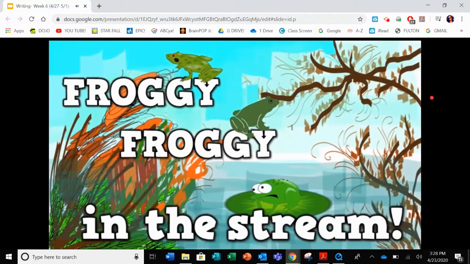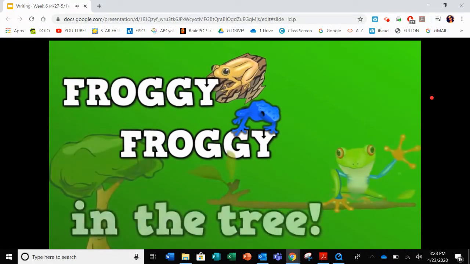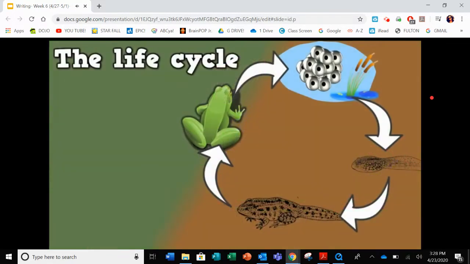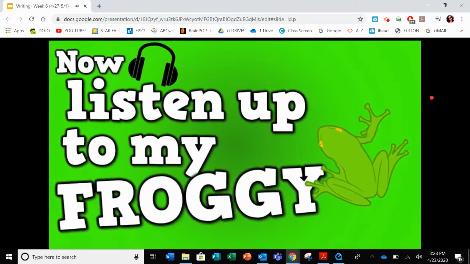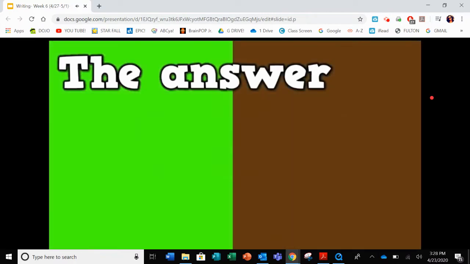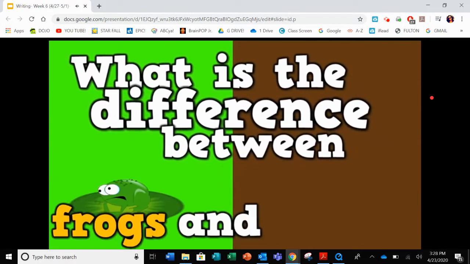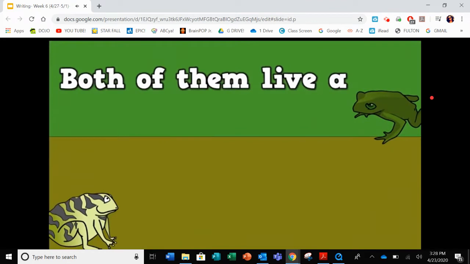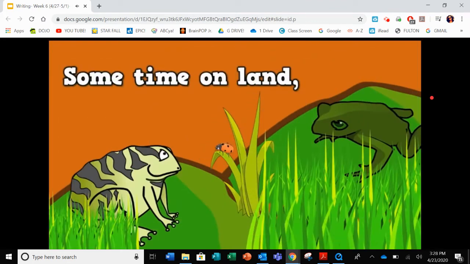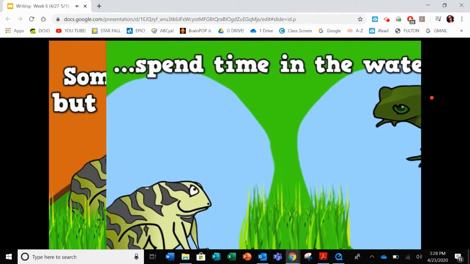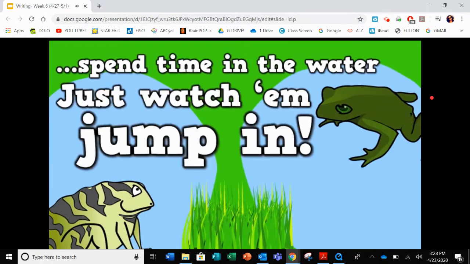Froggy, froggy in the stream. Froggy, froggy in the tree. The life cycle just goes on and on. Now listen to my froggy song. The answer everybody wants to know. What is the difference between frogs and toads? Both of them live a double life, sometime on land, but they also might spend time in the water. Just watch them jump in.